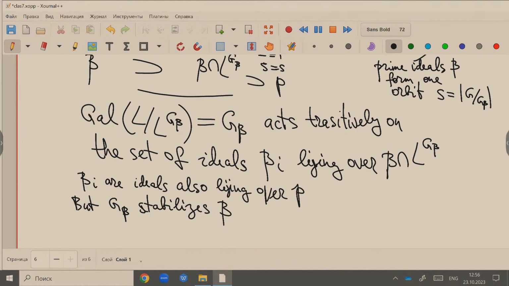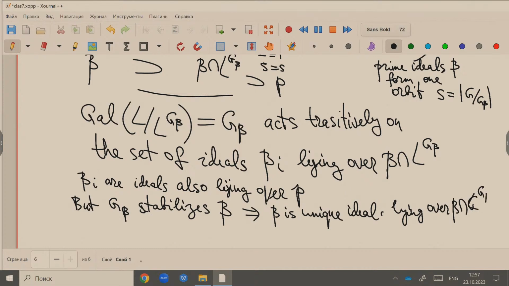So this means that this is the unique ideal lying over it. So this means that beta is the unique ideal lying over beta intersection with L G beta. This is the first part, which is important, and the second part.